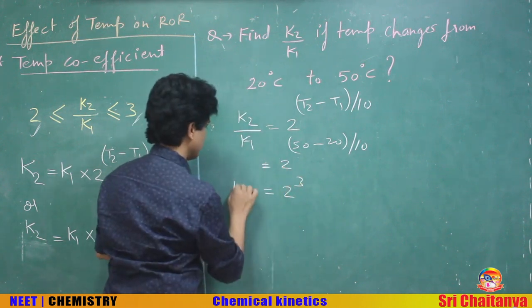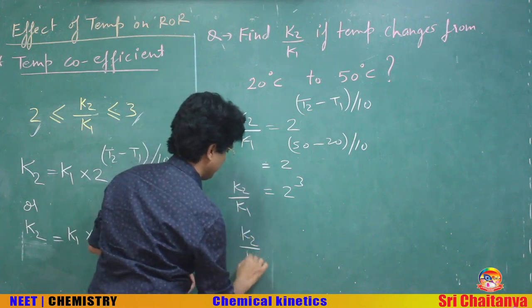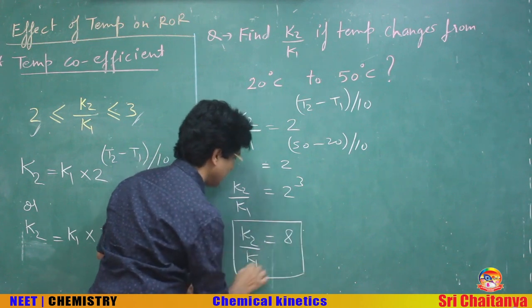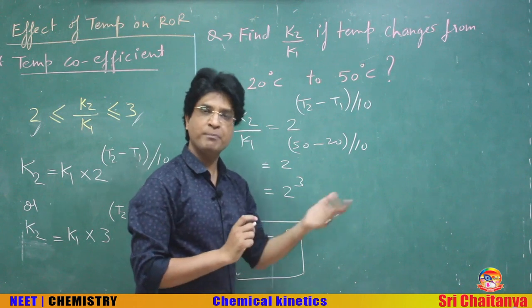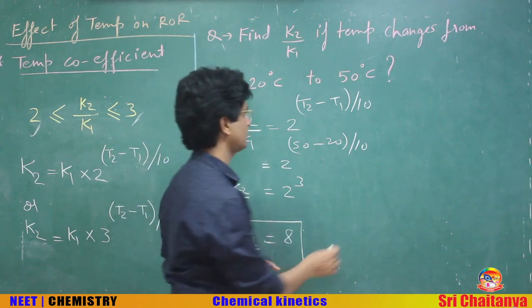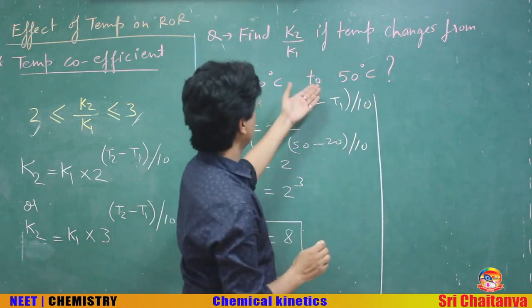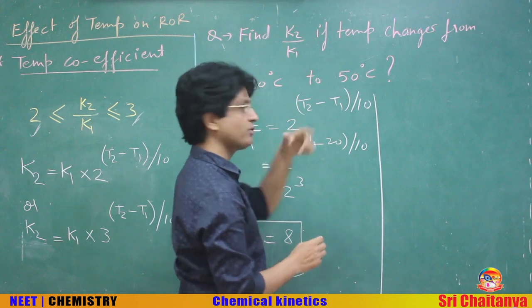That means this K2 by K1 will be 8 times. That means rate will increase by 8 times if we assume that the temperature coefficient is given as 2. Similarly, if they give you the fact that the temperature coefficient is 3, so in place of 2 you just write down 3.